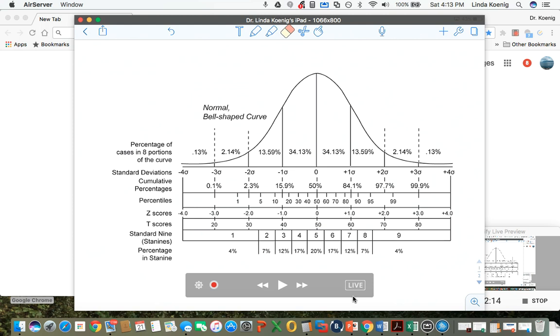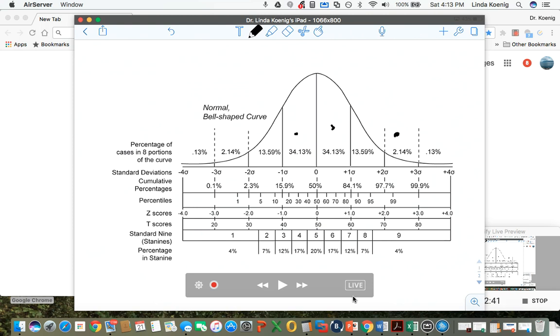Why would we want to do this? Well, let's say that we take a test like the GRE or the ACT or something like that, and we get a score and we want to know how we compare to everybody else. So we can figure out where that score lies on our curve. Maybe it's here. Whoops, I have the eraser on. Maybe it's here. Maybe it's here.